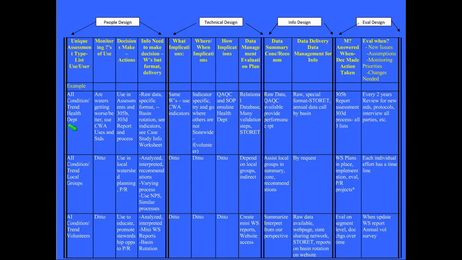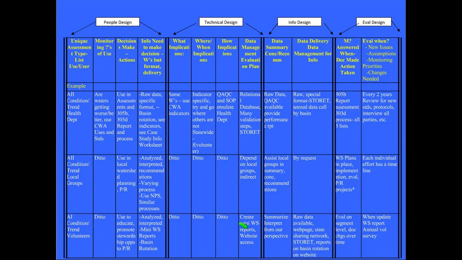monitoring assessment type. It's condition trend, but for health department, condition trend for local groups, condition trend for volunteers. And where you see the difference is how I manage the data for their different uses. Our data goes to storage for the health department. Our data goes into, it's very specific, based on individual needs for the local group.